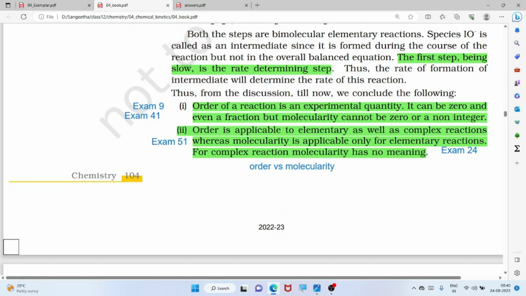Here you see the order can be 0, but molecularity cannot be 0 or a non-integer.